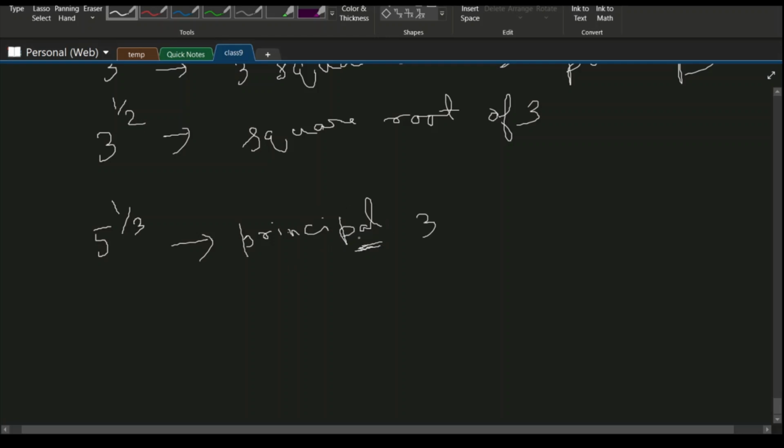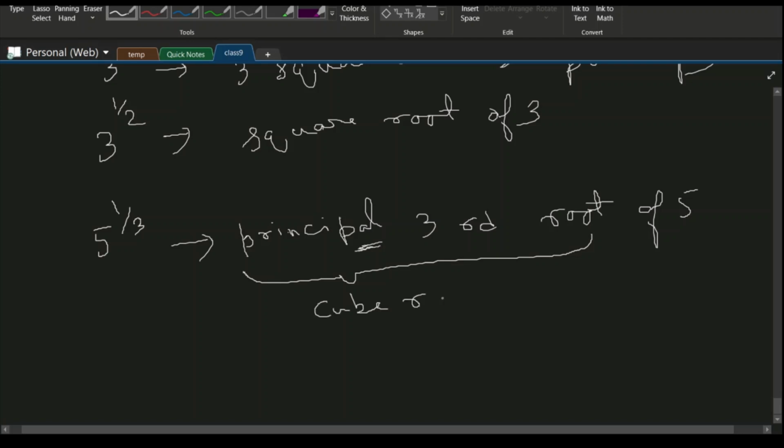In this case it's PAL. Since the power is 1 by 3, we'll call it principal third root of 5. And for the principal third root we also give a special name called cube root. So we can also call this the cube root of 5.